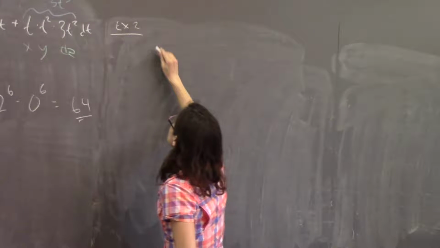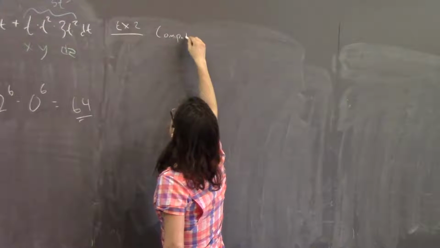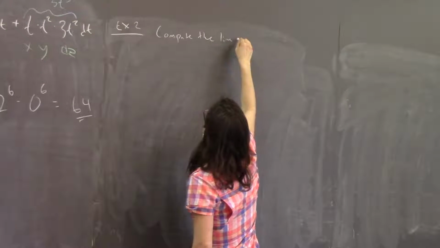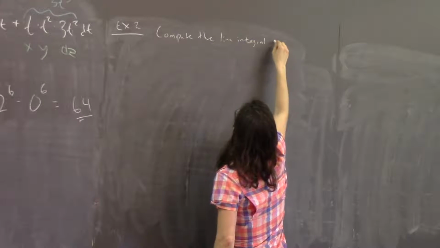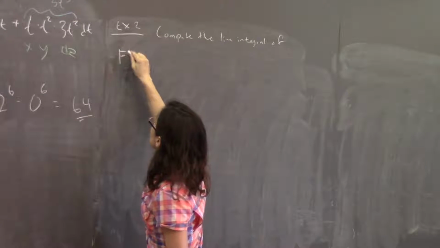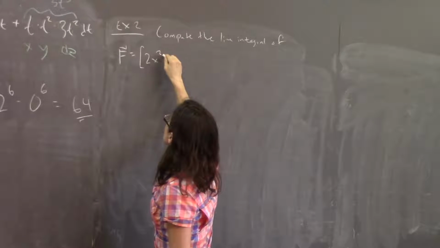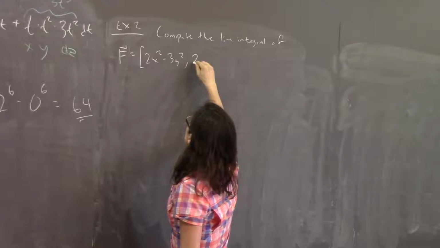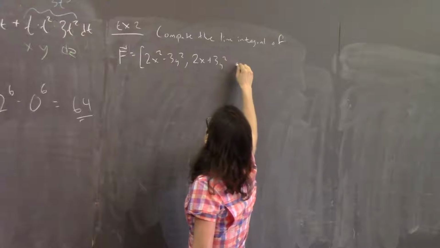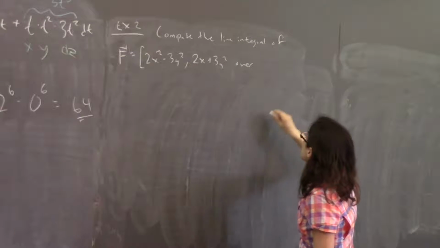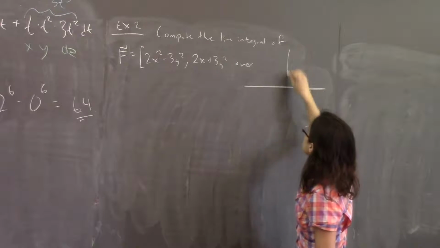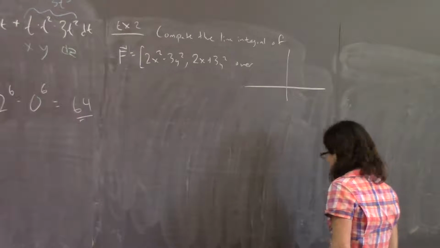So here's the goal. Compute the line integral of the vector field 2x squared minus 3y squared, 2x plus 3y squared, over the curve C, consisting of the following three pieces.